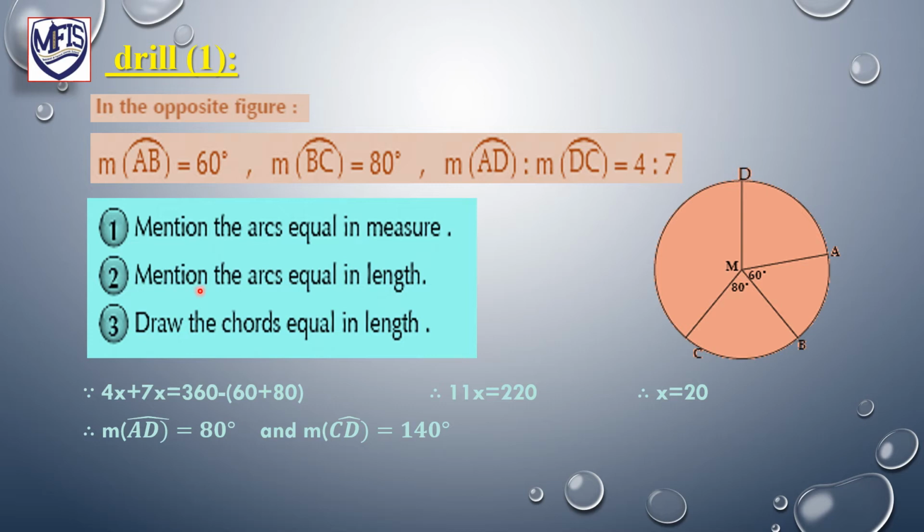The second, mention the arcs equal in length. Of course, measure arc equals measure arc, therefore the length of arc AD equals the length of arc CE. Now draw chords equal in length. Of course, chord AD equals chord CE.